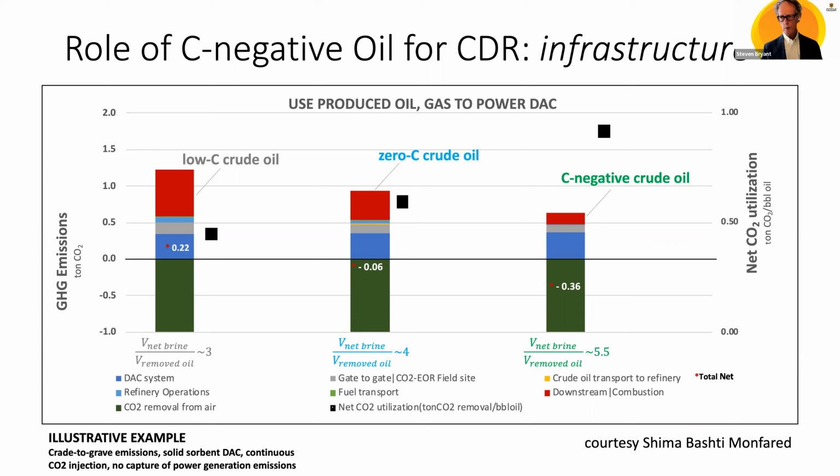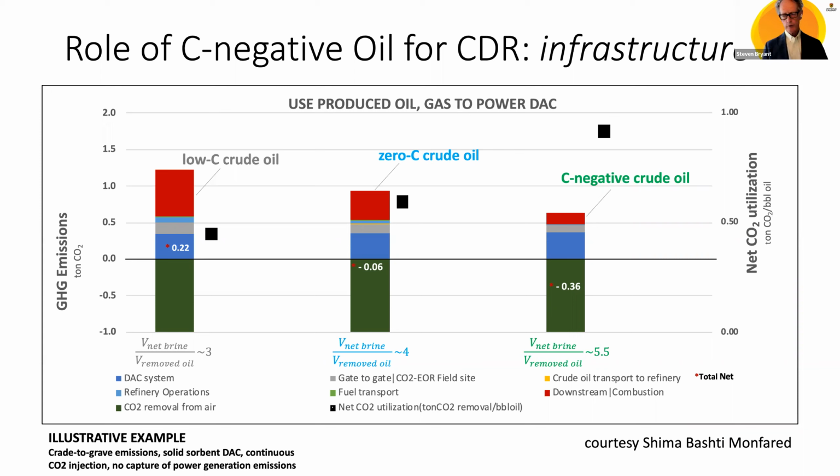So the dark blue bars are all the same because it's all that 1 ton of CO2 removed by direct air capture. So those are the same for all 3 cases. How the cases differ is how much oil is produced beyond what is needed to drive the direct air capture.